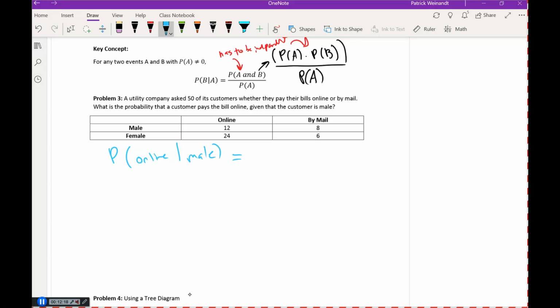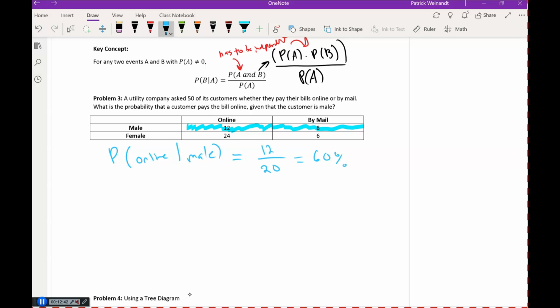How many options do we have where they're just male? Well, that's going to be this right here. There's 12 plus 8, there's 20. Of those, how many are paying their bills online? 12 over 20, which is 60%. That one's pretty easy to find. You don't really need to use this formula.